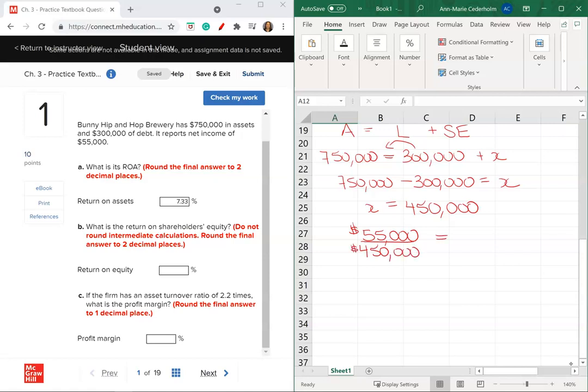So that gives us a return, 55,000 divided by 450,000. And we'll express this as a percentage to 2 decimal places. So that gives us a return of 12.22%.